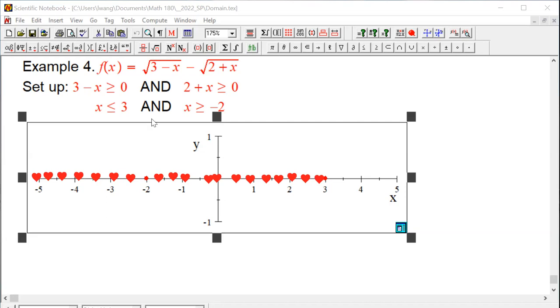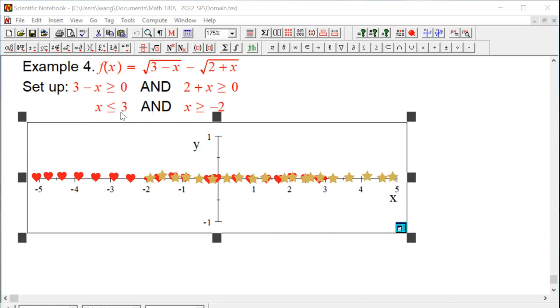Larger than or equal to -2: here's -2, and all of these are larger than or equal to -2. Anywhere that's been marked twice means both conditions are satisfied. Anywhere that's marked only once means only one condition is satisfied, but the other is not. So we want the part where both conditions are satisfied.